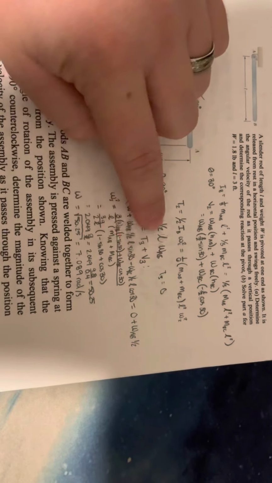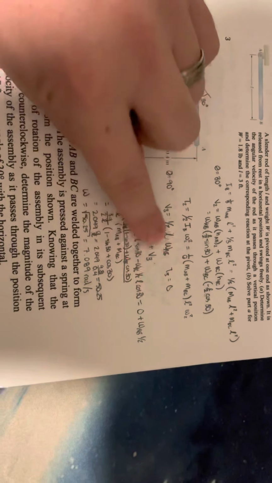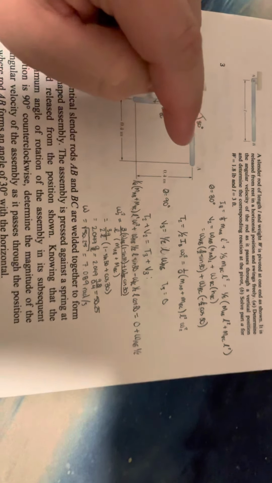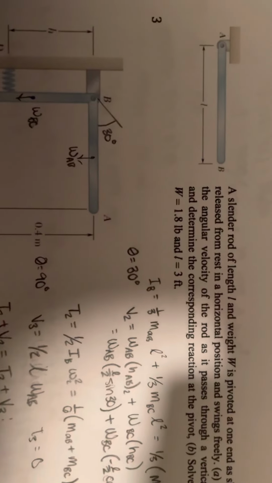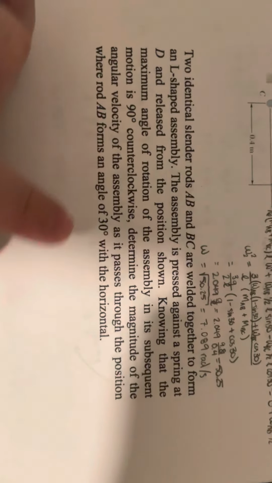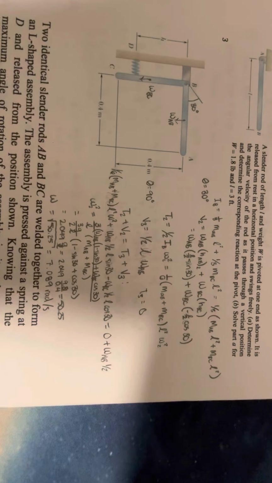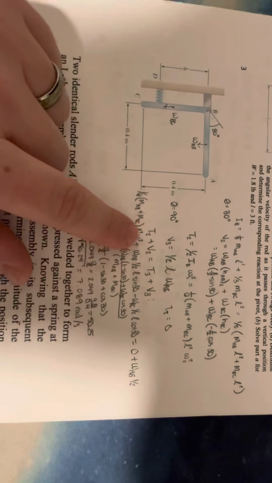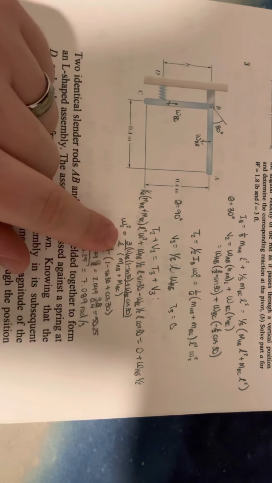So this is my T2 and this is my V2. This is, where's my T3, and this is my V3. What the heck is T standing for? Oh, I'm looking at the wrong thing, that's why. Okay. I still don't remember what T is, but I can see how I set it up here.